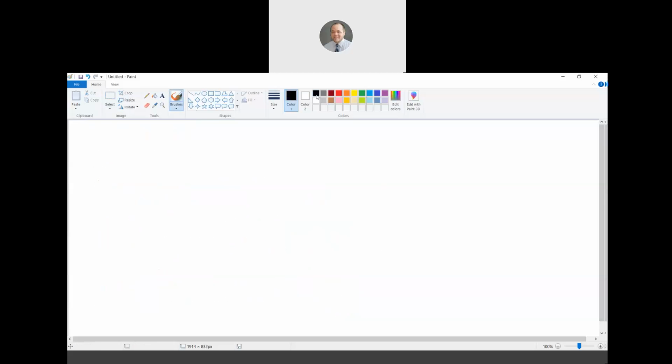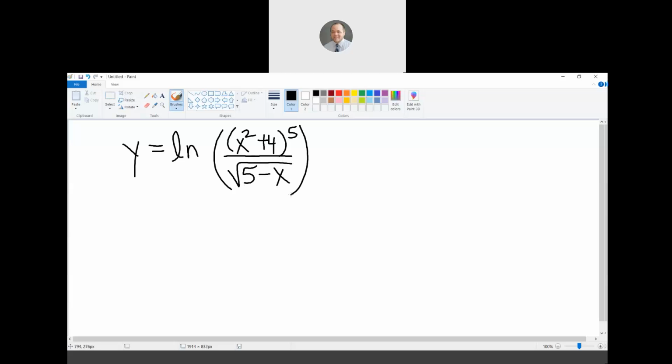We have y equal to the natural log, and we have a fraction in parentheses, x squared plus 4 to the 5th power, all over the square root of 5 minus x. And we need to find the derivative of y with respect to x.